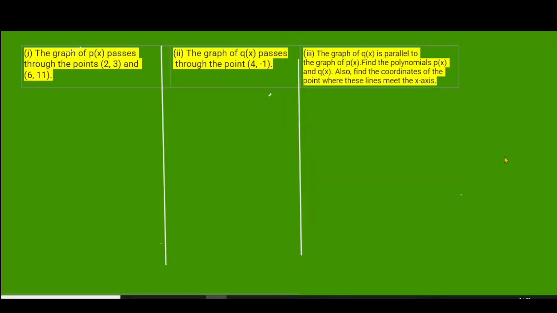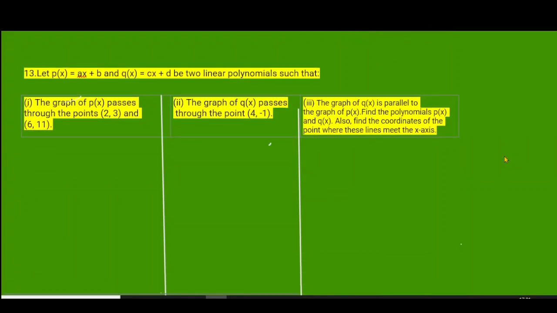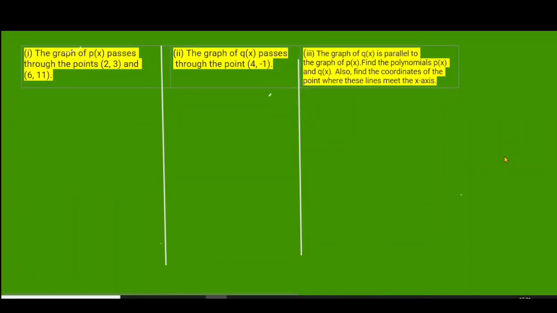Now P of x is equal to ax plus b, and Q of x is cx plus d. P of x passes through (2, 3), so x is equal to 2 and P of 2 is 3. So 2a plus b is equal to 3, the first equation.